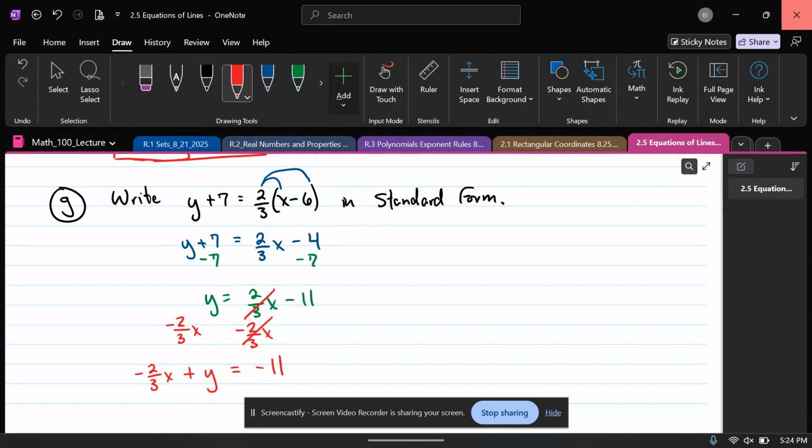The denominator is 3. So if I multiply each side by that denominator, use the denominator to get rid of fractions.